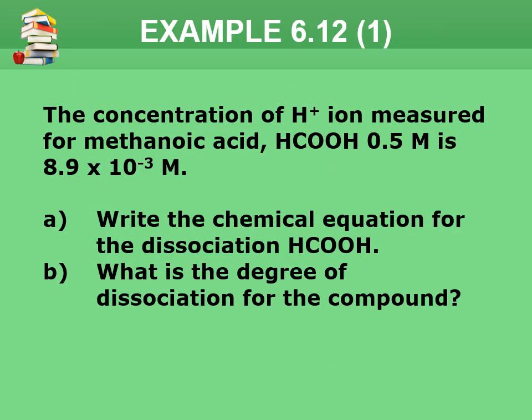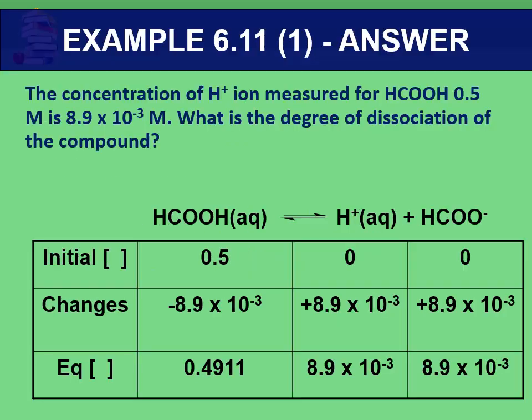Let's do example 6.12, question 1. The concentration of hydrogen ion measured for methanoic acid 0.5 molar is 8.9 times 10 to the power of negative 3 molar. Write the chemical equation for the dissociation of methanoic acid and find the degree of dissociation of the compound.